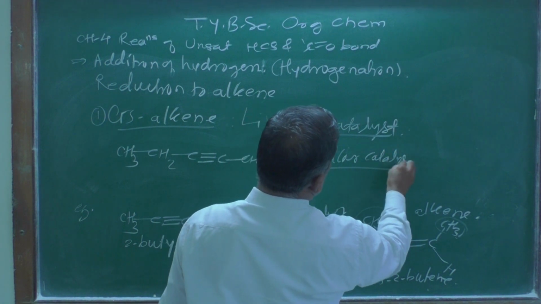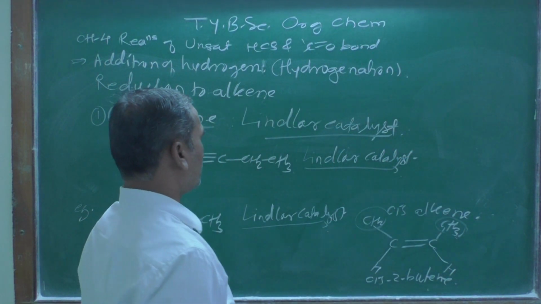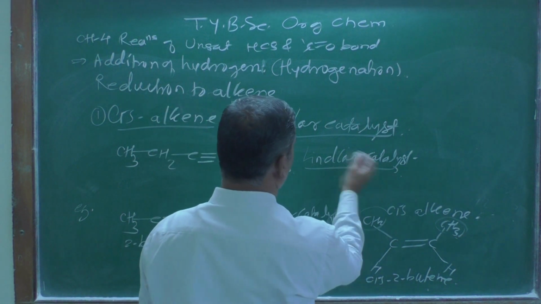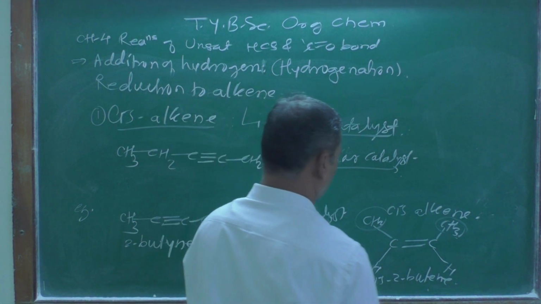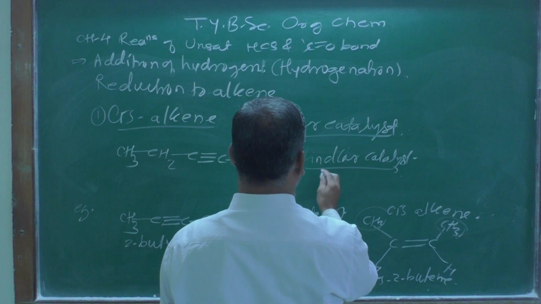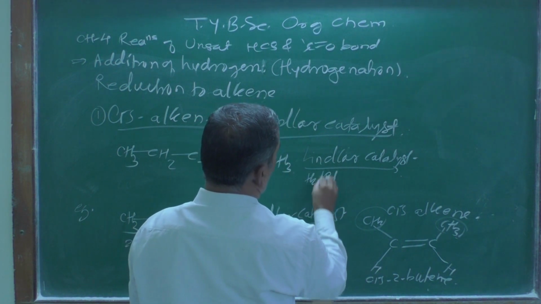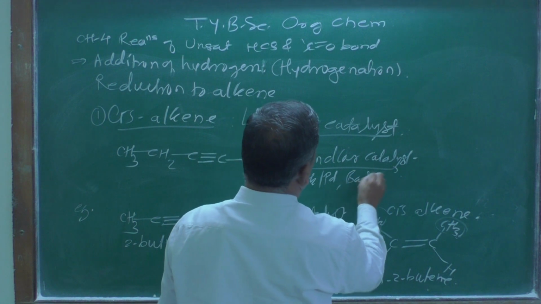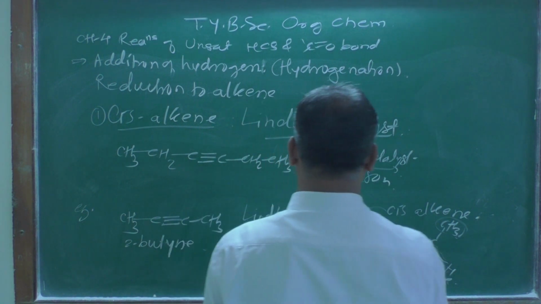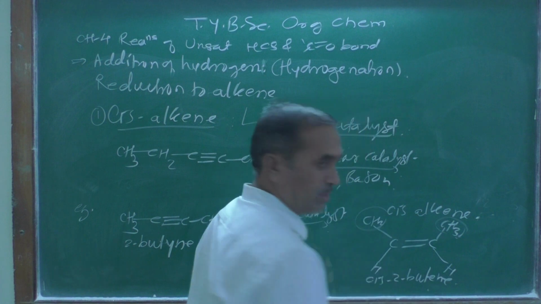Lindlar is a scientist's name. He invented that catalyst and gave that type of product. Now H2 in the presence of palladium on barium sulfate, which is specifically prepared palladium.